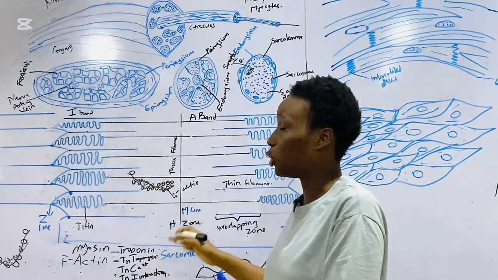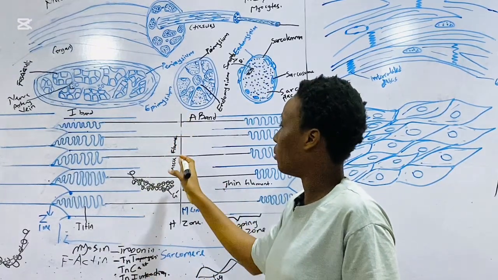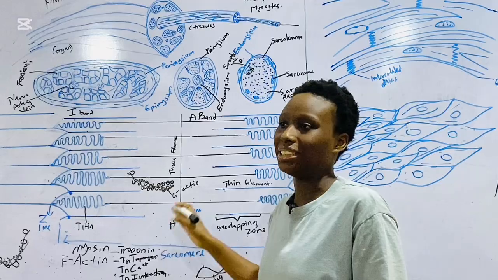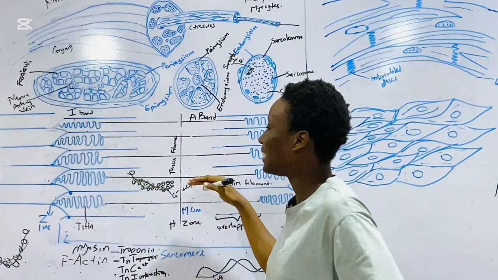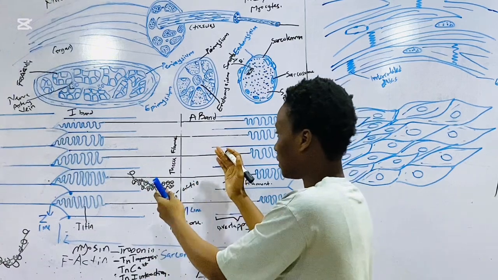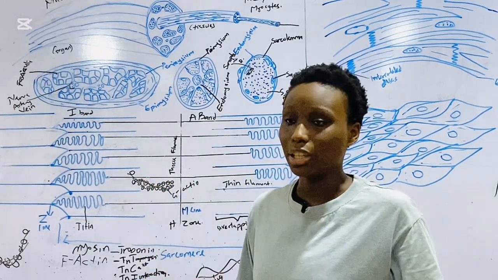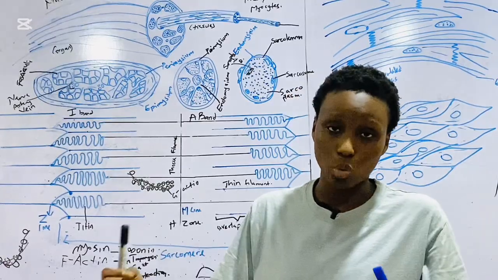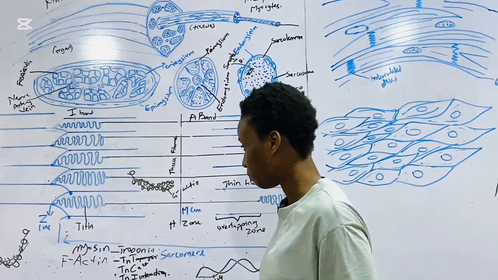But in the thick band, you're going to observe a faded center. The center of that band is not going to be as darkly stained as around it. Why is that? Because that's the center where the thin filament does not overlap with the thick filament. That is called the H zone.